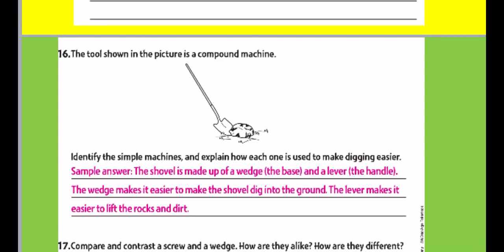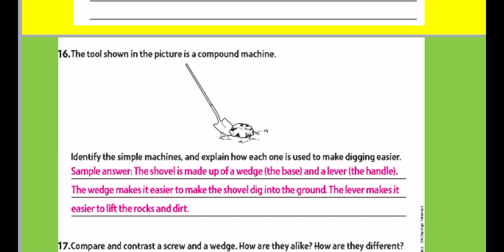The shovel is made up of a wedge, which is the base, and the lever, which is the handle, definitely. The wedge makes it easier to make the shovel dig into the ground, but the lever makes it easier to lift the rock and dirt. So you need them both to dig in.